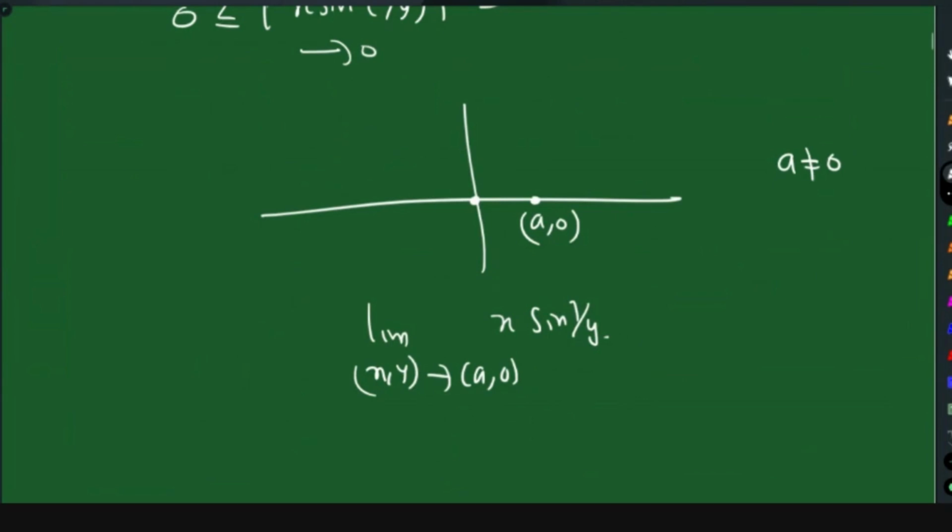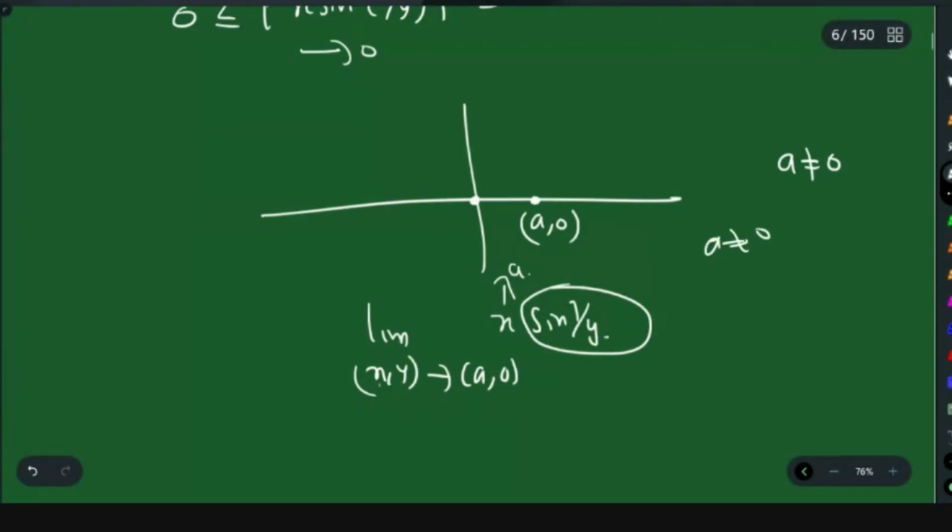Is this existing or not? You see x is going to a, and you can easily observe that x goes to a. But you have here sine 1 by y, right? There is trouble, because as y goes to 0, sine 1 by y will not have a limit. Here x is going to a, a fixed constant that is not equal to 0, so this function goes to a only.